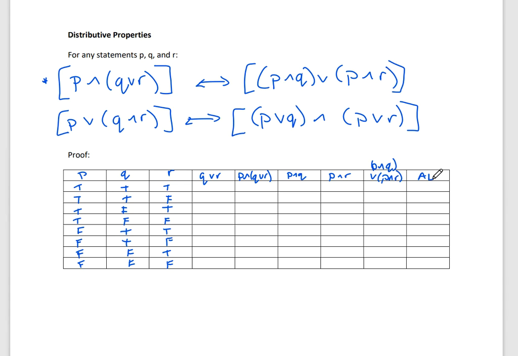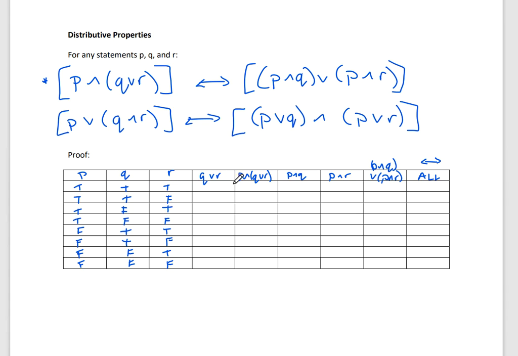And then my last column is going to be everything together, so that's my biconditional. This is where I'm looking to get that tautology to prove that my left-hand side and my right-hand side are equivalent.